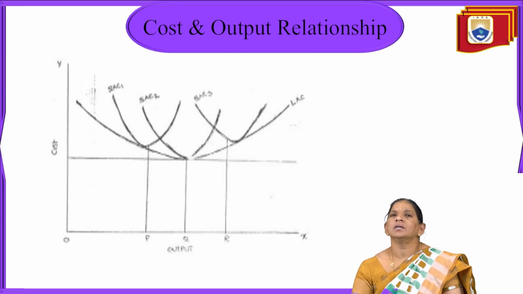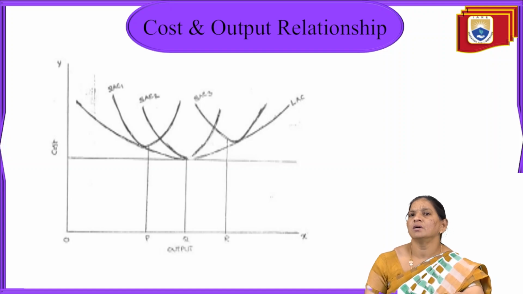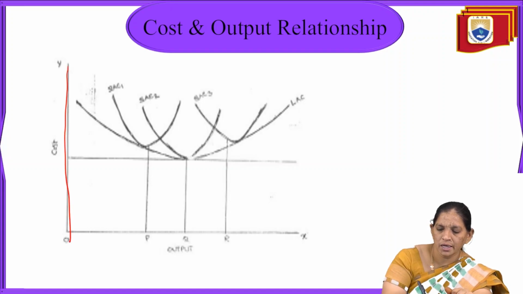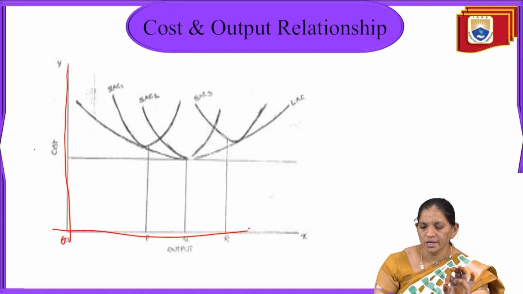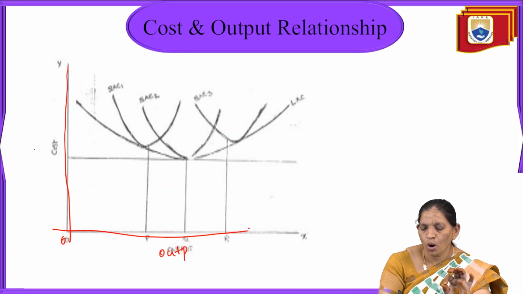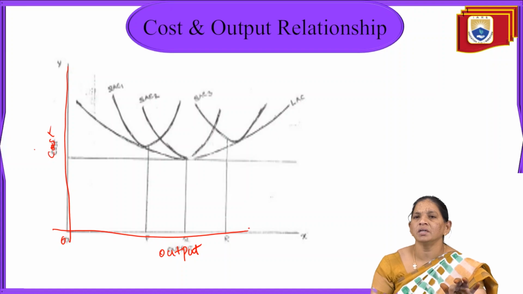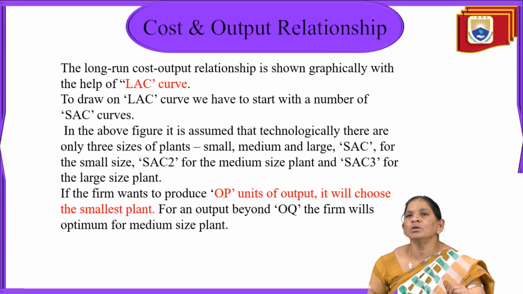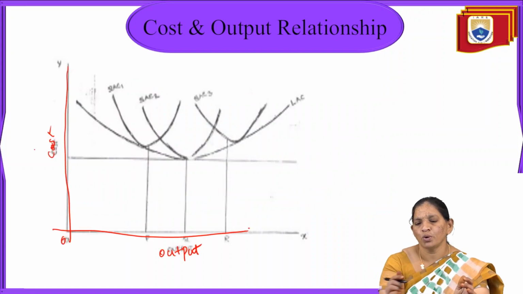So this is a graphical representation where, by addition of short run cost curves, we are able to get a long run cost curve. As we have seen, cost is on the y-axis and output is on the x-axis. To get the long run cost curve graphically, I should start with a number of short run cost curves, for maybe a 6 month or 1 month period.